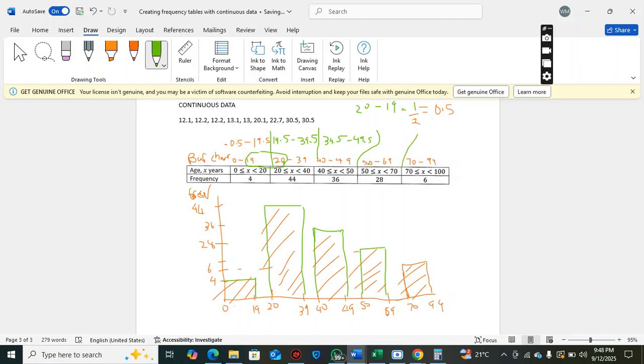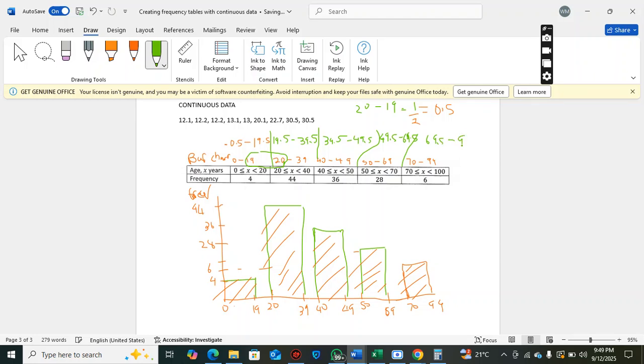This one, 50 minus 0.5 is 49.5, and 69 plus 0.5 is 69.5. The last one is from 69.5 to 99.5.